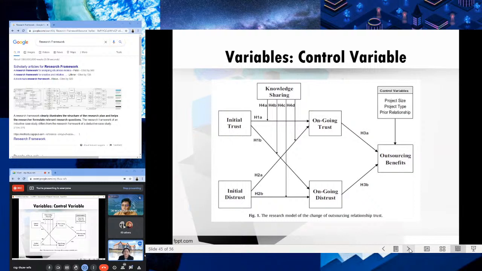It is not the main variable, but it falls under control variable. For example, how to control this outsourcing benefit, because if you read this, it is about having a better result when you do the analysis.